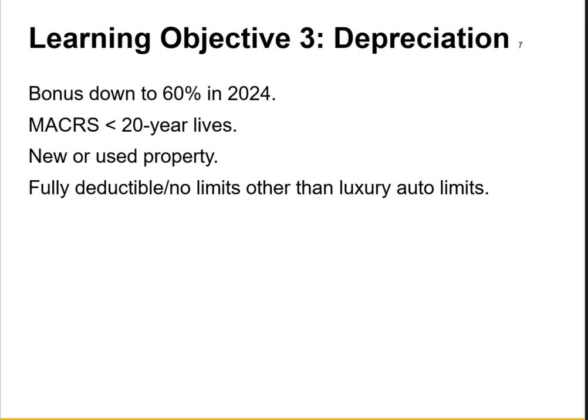Bonus is 60% of what you pay for it. No limit. Okay, so this is very beneficial. Now it applies to new assets, again, the stuff that you bought in the current year. So you have to buy it. So if we bought that $12,000 piece of equipment, then we could depreciate 60% of it using this bonus depreciation.